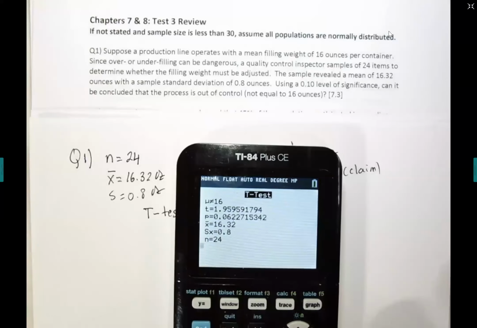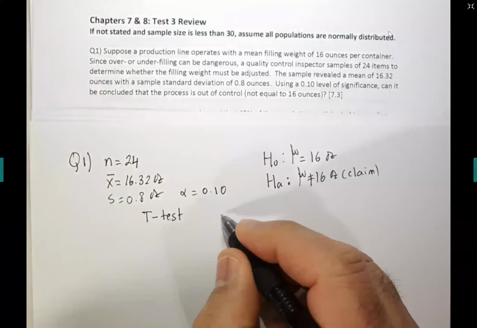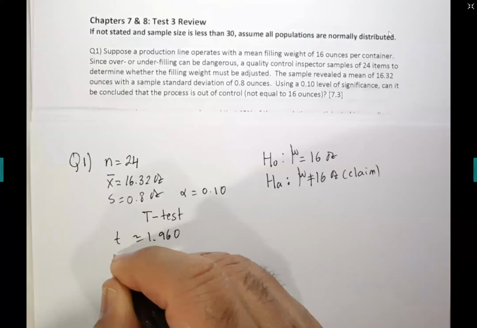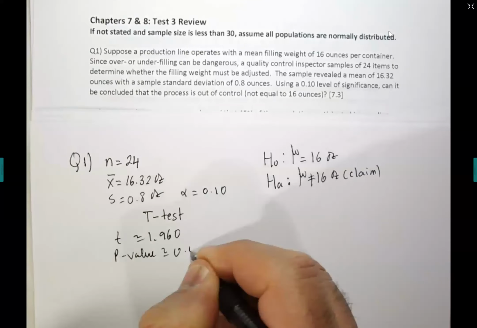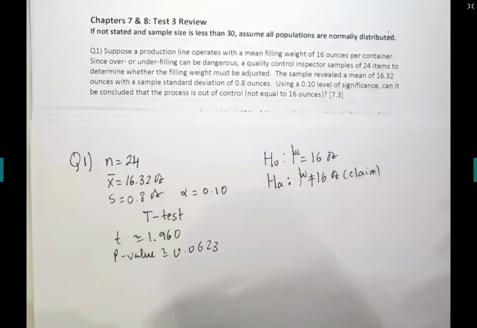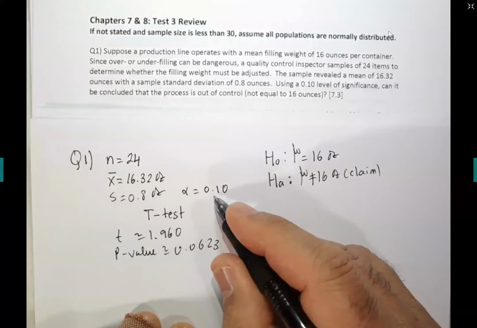So here's the screen. Let me write them down. t is 1.960 and p-value is 0.0623. All right, and now, I noticed that some students had a hard time distinguishing whether this is less than or greater than.